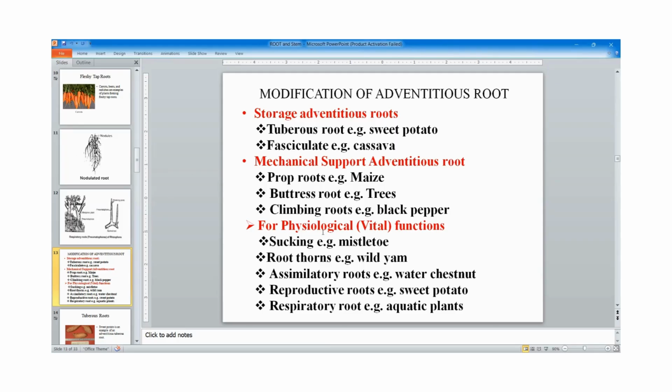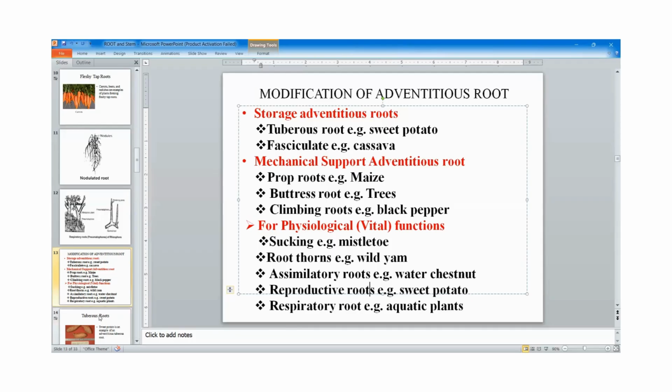Some are modified for physiological functions, e.g., we have sucking roots of mistletoe, root thorns of wild yam, actinatory roots of water chestnut. Then we have reproductive roots of sweet potato, and we have respiratory roots of aquatic plants.